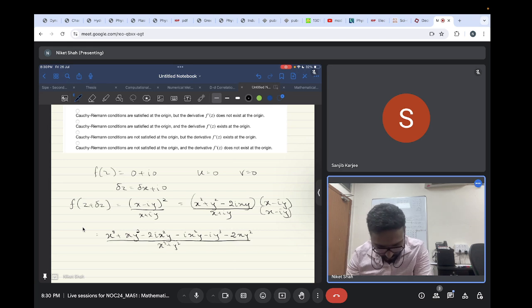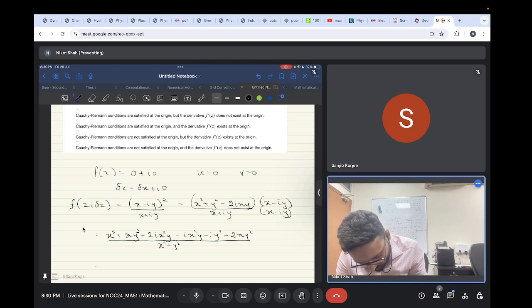I hope this is correct. First was just simply x cube plus xy square minus 2yx square y. This is okay. Minus iy. So that is minus ix square y minus iy cube. And minus minus becomes plus, but i gives me minus again. 2xy square. Yeah, I think this is okay. Is equal to x cube. So xy square and xy square plus and minus.